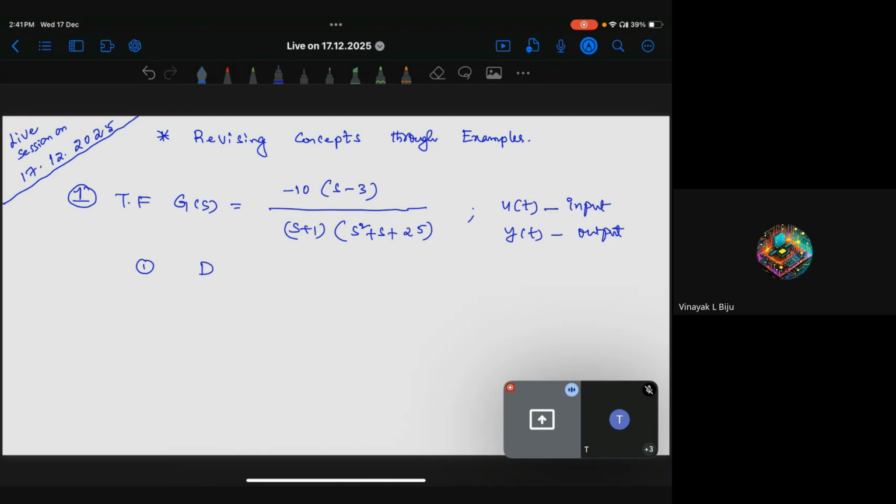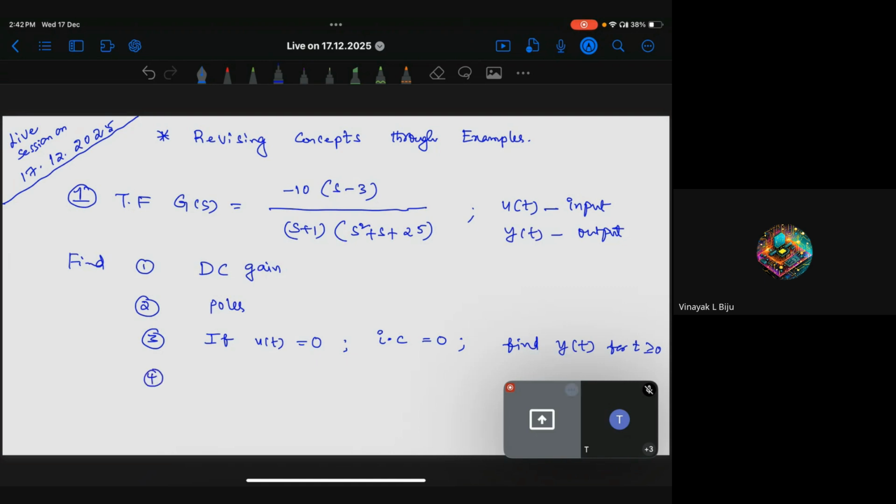First question: find the DC gain of the system. Second: find the poles. Third: suppose u of t is equal to 0, and consider initial conditions are 0, find y of t for t greater than or equal to 0.